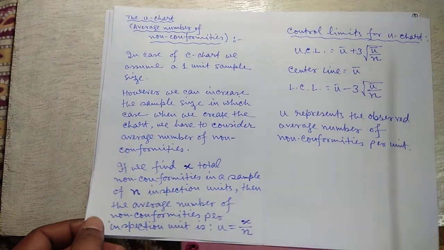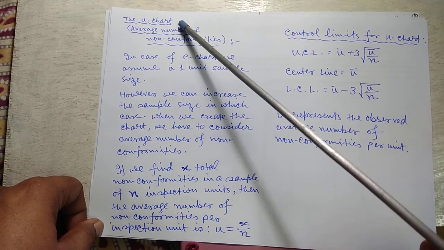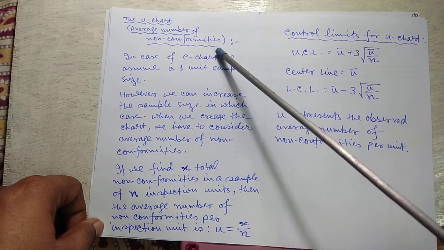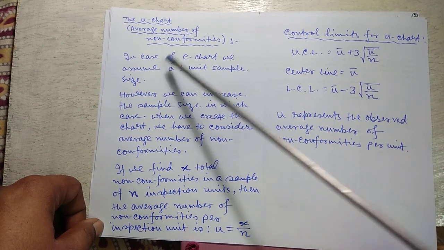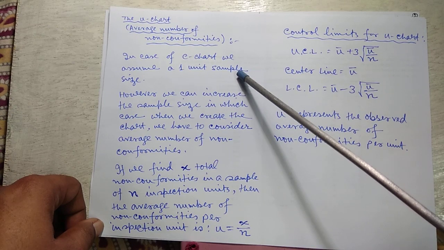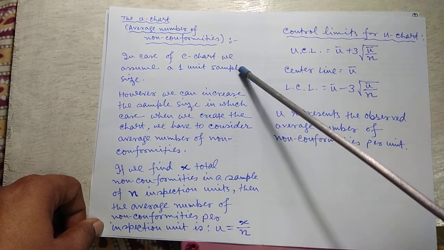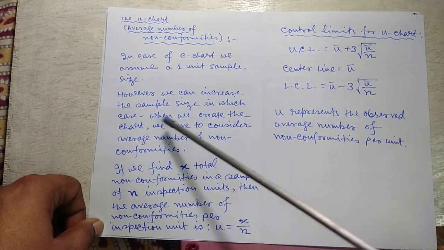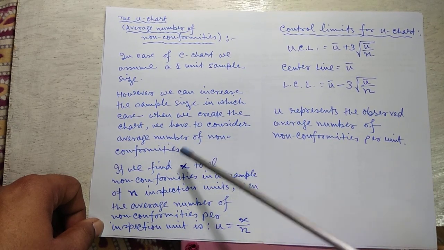Now you have to see one point. Now see the U chart. Here U chart is the average number of non-conformities. So it is also known as U chart. In case of C chart, we assume a 1 unit sample size. Please remember, for C chart, we assume a 1 unit sample size. However, we can increase the sample size, in which case when we create the chart, we have to consider the average number of non-conformities.